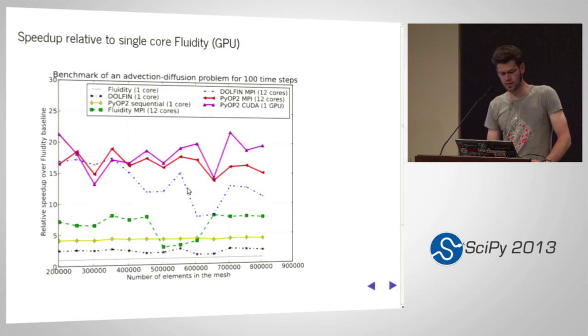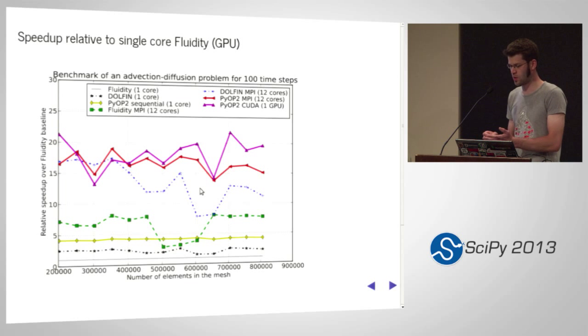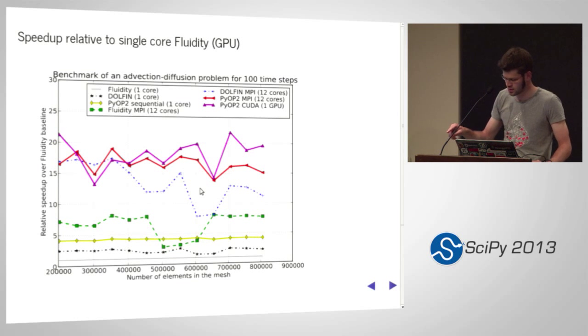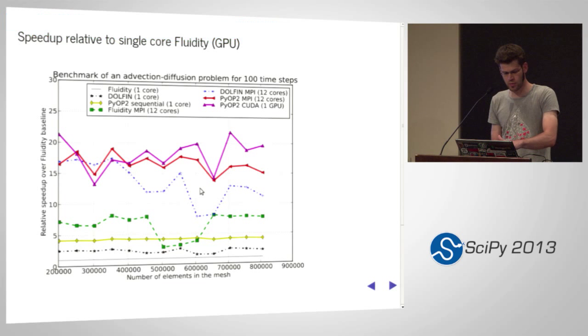The reason is that we run a different code path when we run with MPI. We need to exchange halos between the partitions, and we can completely strip out this computation when we run sequentially, which gives us a much more efficient sequential execution path.